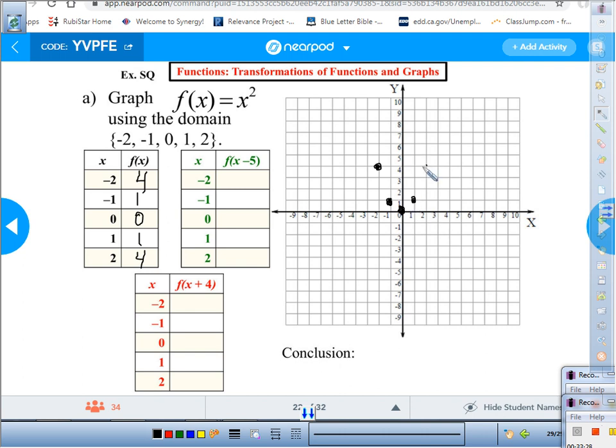And 2, 4. Nice and curvy like mine. There it is. Looks like a dog, doesn't it? Like the 2 eyes and the nose. You guys see it? No? All right.